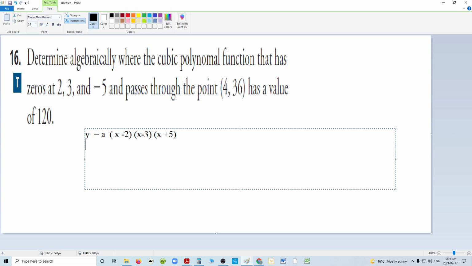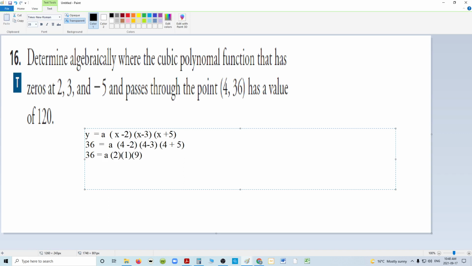Now, how do you figure out that a? Well, they gave us a point. But I can figure out the point by putting in 36 for y and 4 for x and solving. So I'm left with 36 is equal to a times 2 times 1 times 9.